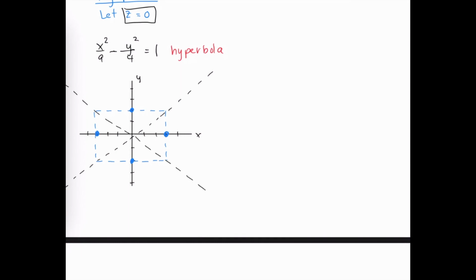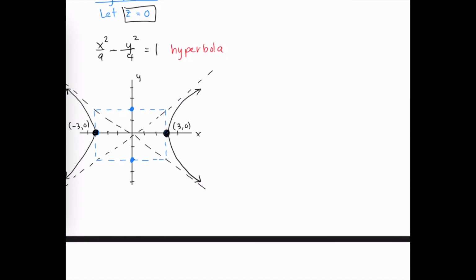And since our hyperbolic equation has the x value that's positive, that means our hyperbola is going to open in the direction of x, and these two will be our vertices. So we'll approach these asymptotes opening in the direction of x. In two-dimensional space, our ordered pairs that are the vertices are (3, 0) and (-3, 0). When we take this over to 3D, we will then add in the fact that the z-coordinate of those ordered triples will also be 0.